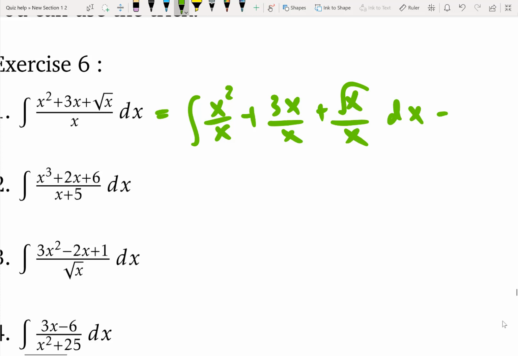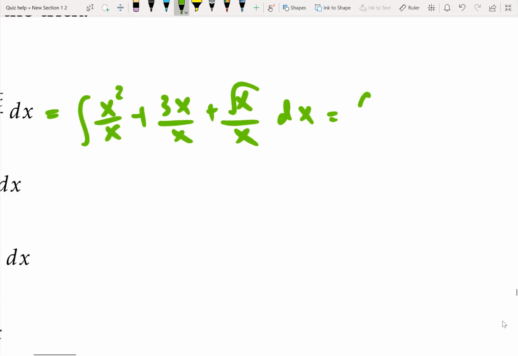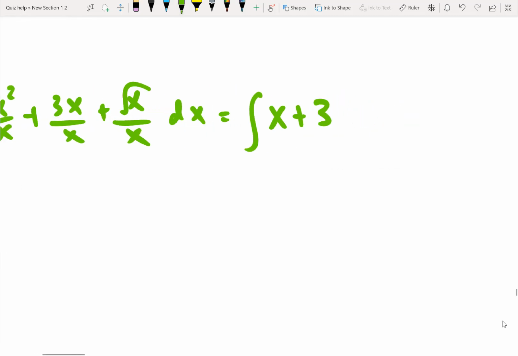So x square over x is x. 3x over x is 3, the x cancel out. Plus square root of x over square root of x. What is that? 1. The square roots cancel out, right? So you get 1 over square root of x.